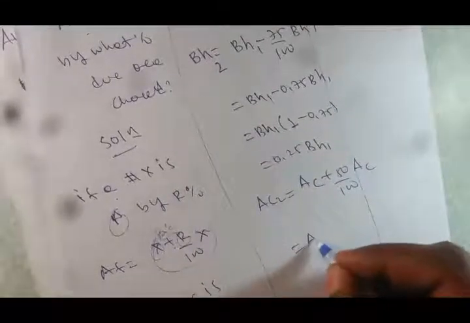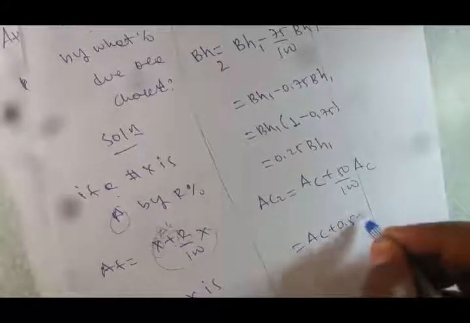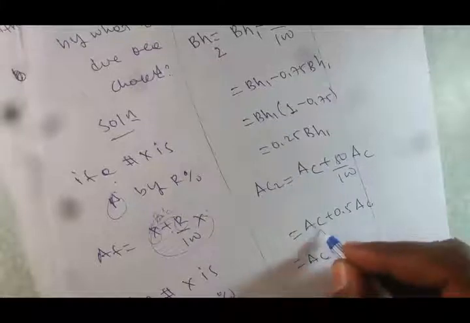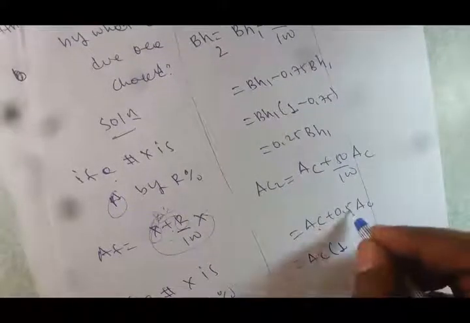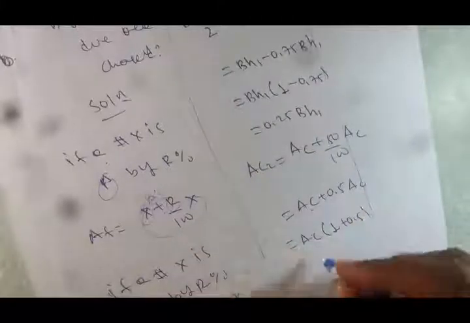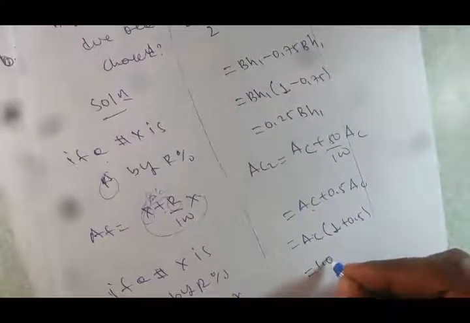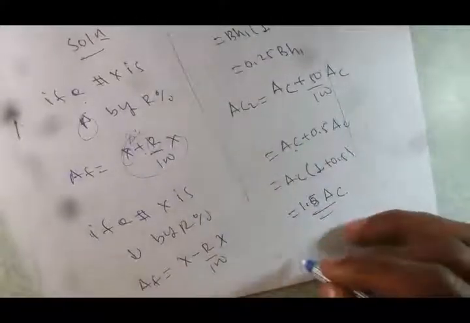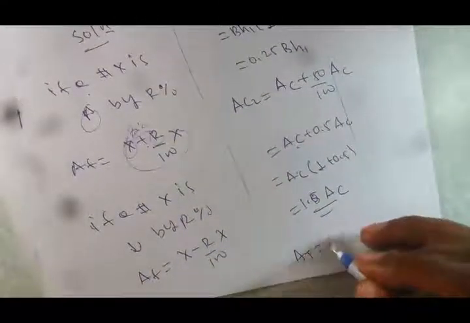This is equivalent to AC plus 0.5 AC. When we take AC as common, when AC is divided by AC, 1 will be left. When this number is divided by this, 0.5 will be left. This is equal to 1.5 times AC.